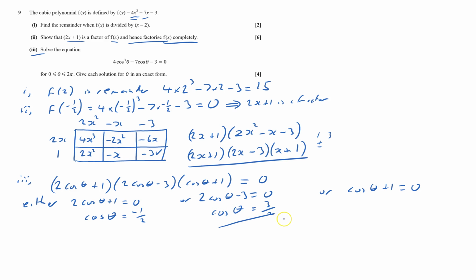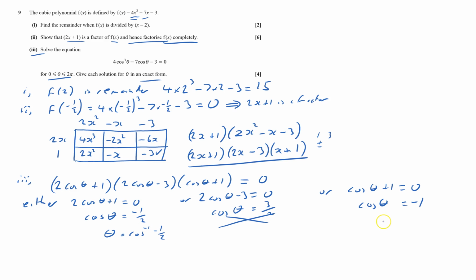Can't possibly do that, because the biggest value of cos theta is 1, and that's 1.5. Or cos theta equals negative 1. I've got to be in radians. You can always work in degrees and then convert it to radians as you like. And I've got to have it in exact form. So theta equals cos to the minus 1 of negative a half.